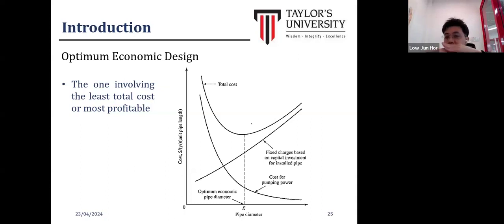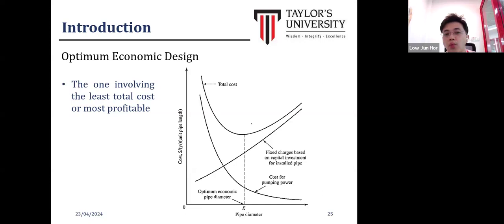Since the frictional force is low, the lower the power you need to supply to keep it flowing. So the cost to purchase, install and operate the pump will also be reduced. That's why when you increase the pipe diameter, the cost for pumping power will reduce, even though the fixed charge increases directly proportional to the pipe diameter.